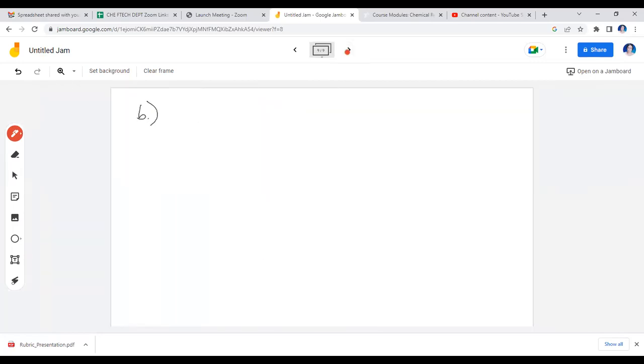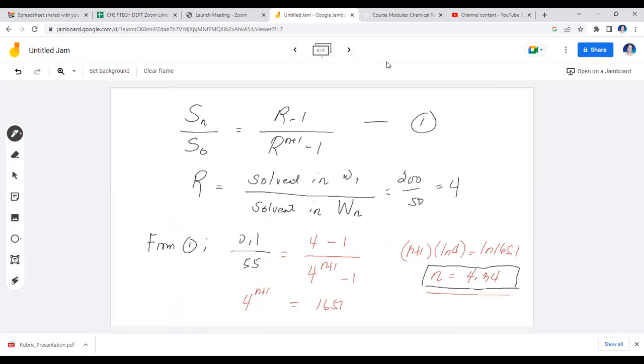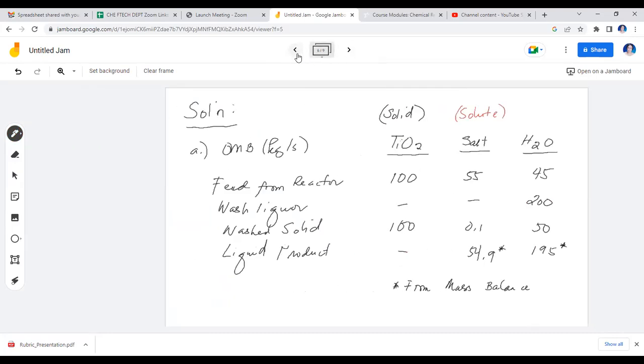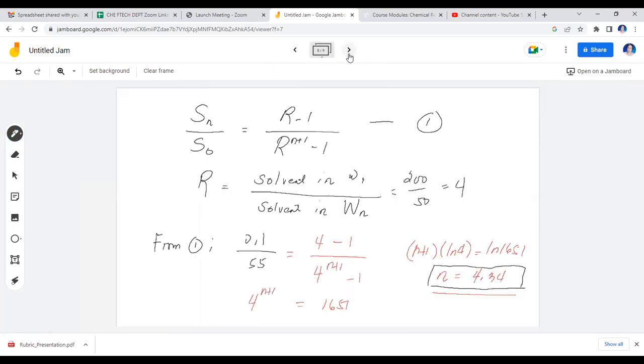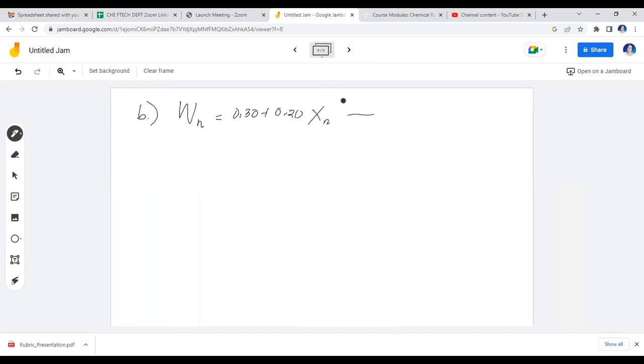So for our B, this is our equation of W in terms of X. So this is our second equation. Okay.